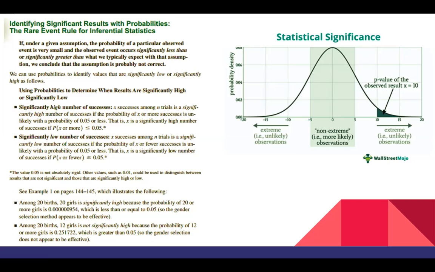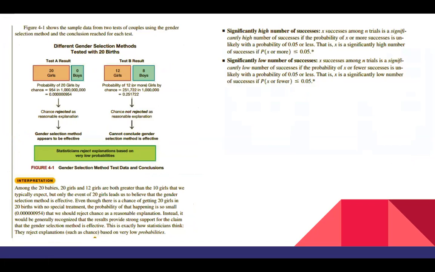And then another way, right, if we find that 12 of the 20 births are girls, then the probability would be 0.251722, which is greater than 0.05. So then it doesn't appear that we can reject the claim that girls are more likely to be born than boys, right?